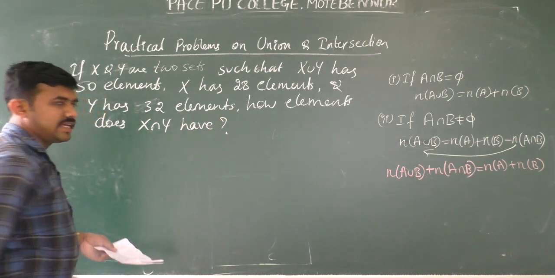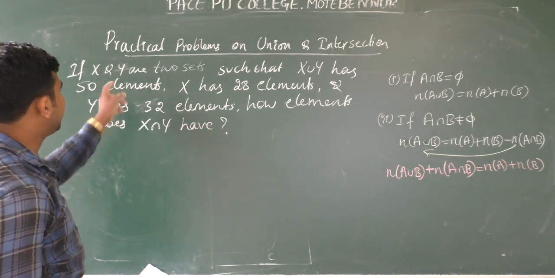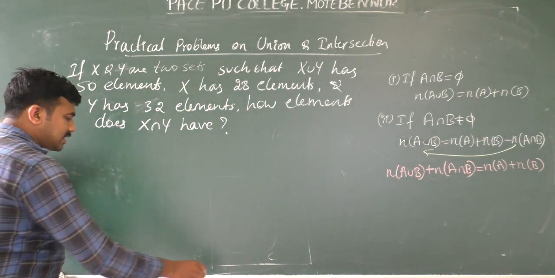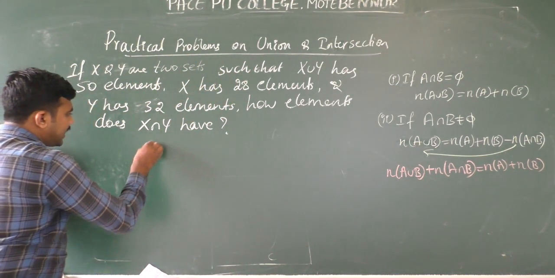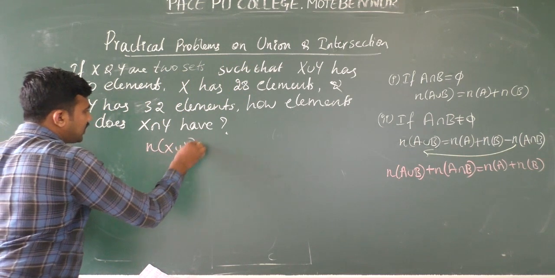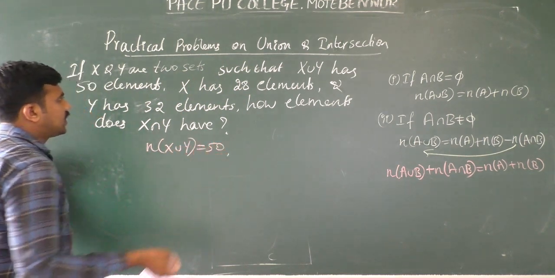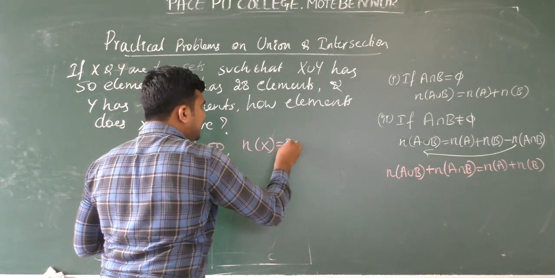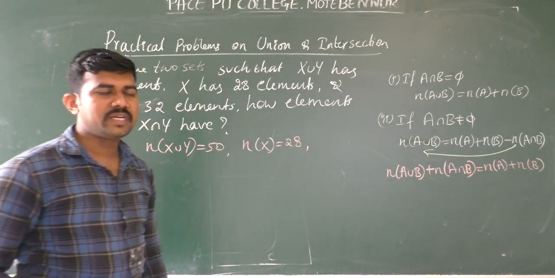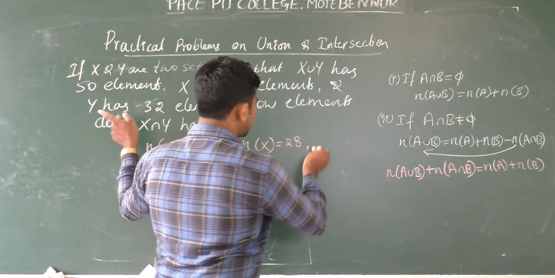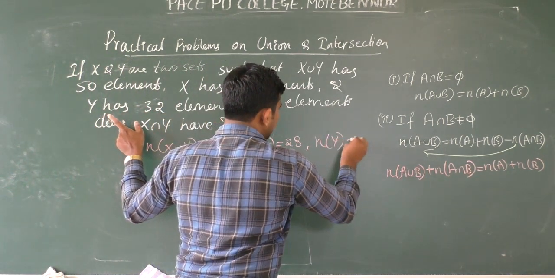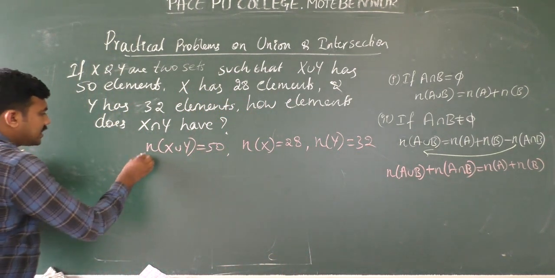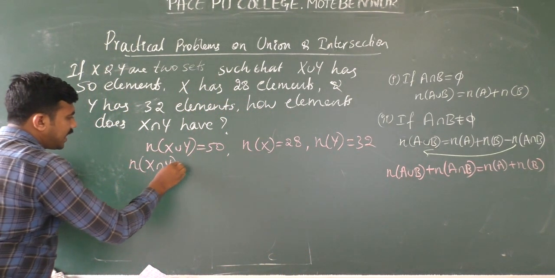So here x and y are two sets such that x union y has 50 elements, x has 28 elements, and y has 32 elements. We need to find how many elements x intersection y has.